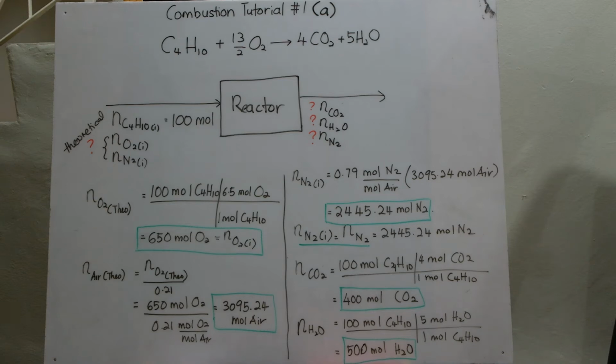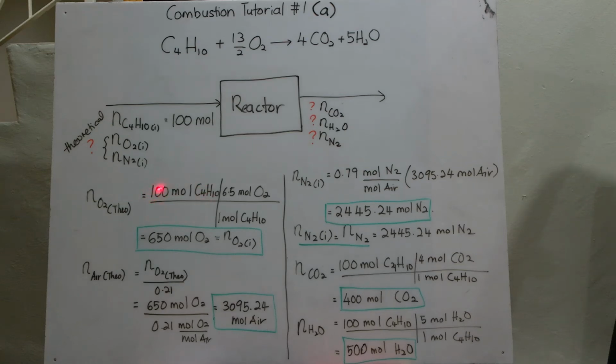Therefore, in order to find this, we need to find this first. Let's see how much O2 actually goes into the process, because once we know O2 then we can calculate how much CO2 and H2O are being produced.